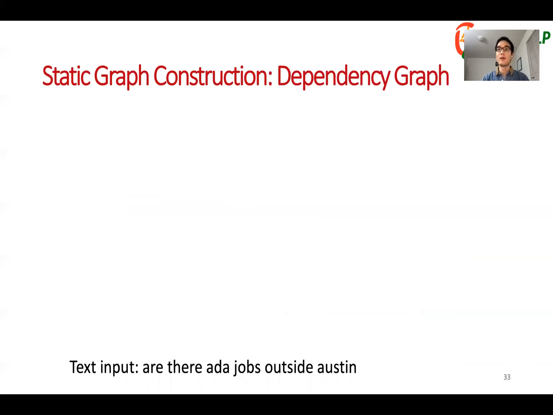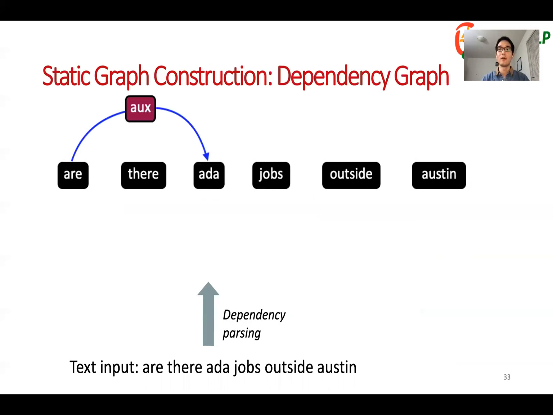The first static graph construction approach we are going to introduce is the dependency graph. Dependency parsing is widely used to capture the dependency relations between different words in a sentence. For instance, given a sentence, "Are there other jobs outside Austin?", one can apply dependency parsing tools to convert it to a graph like this.